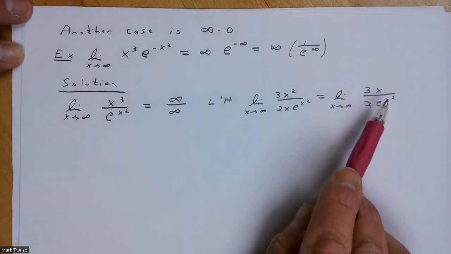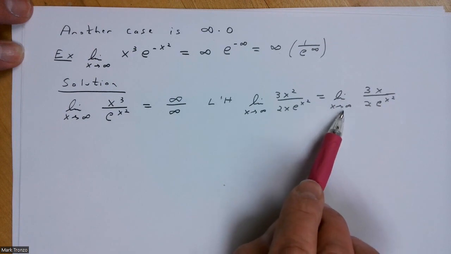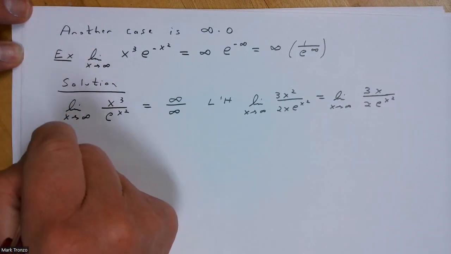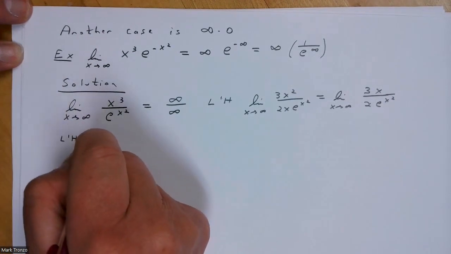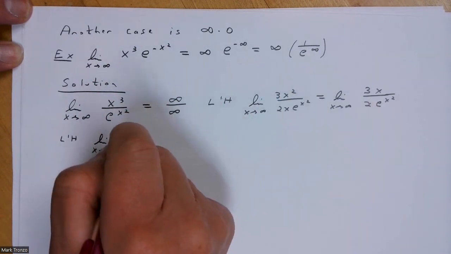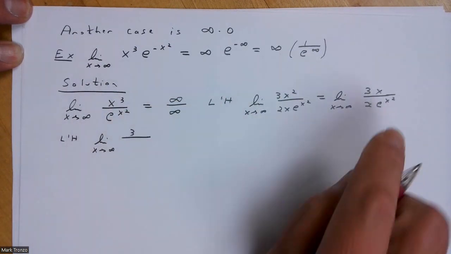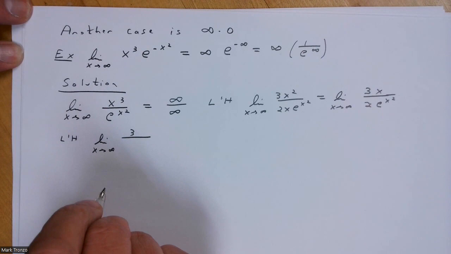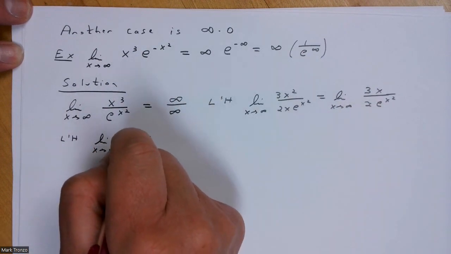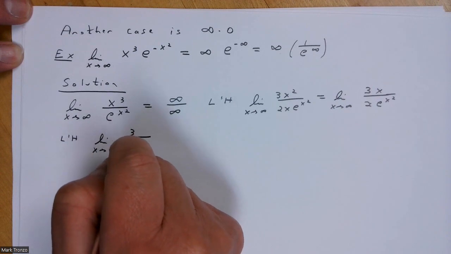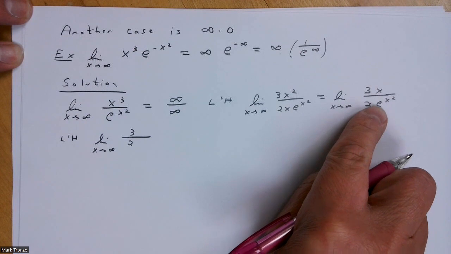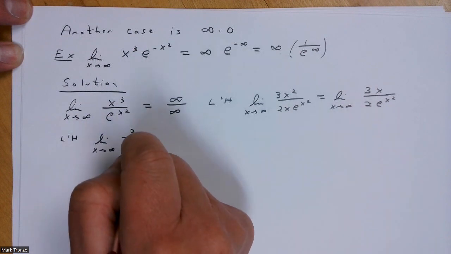But now we're still going to have infinity over infinity. So let's apply L'Hopital's again. Derivative of the numerator divided by the derivative of the denominator. Once again, it'll be 2, let me just check, yes, that'll be 2.